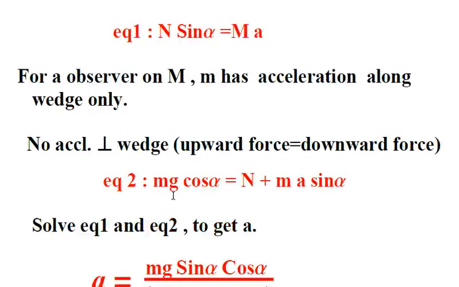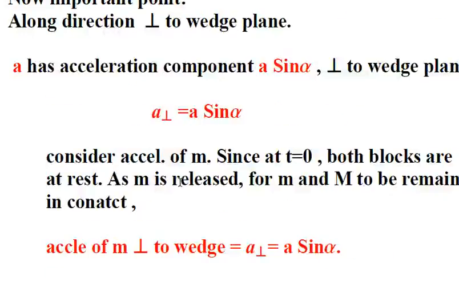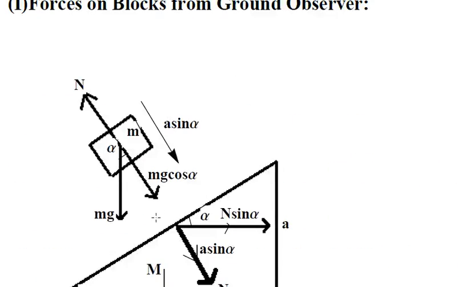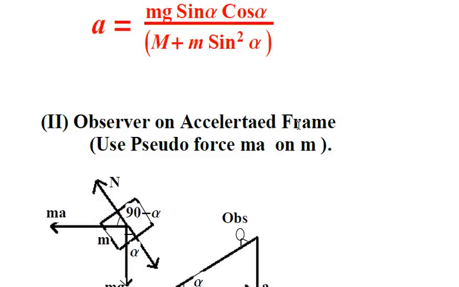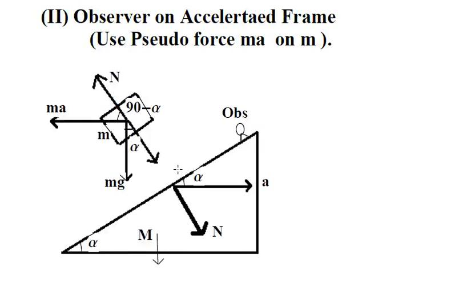In the ground observer frame, the block has two accelerations, along the wedge and normal to the wedge. But in the accelerated frame observer's frame, the block has only one acceleration along the wedge. This is the important point to be remembered.